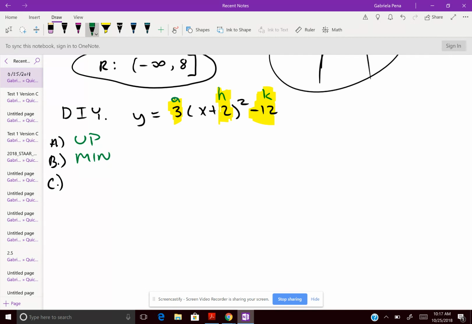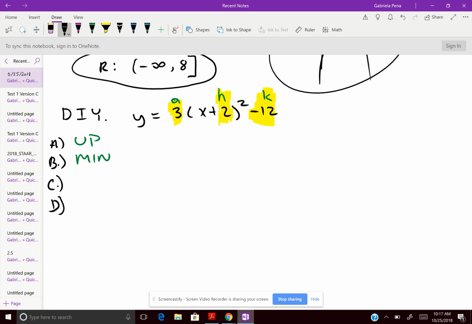So I've already answered the first two. It should be up and min, right? Very good. Has everybody already found the axis of symmetry and the vertex?